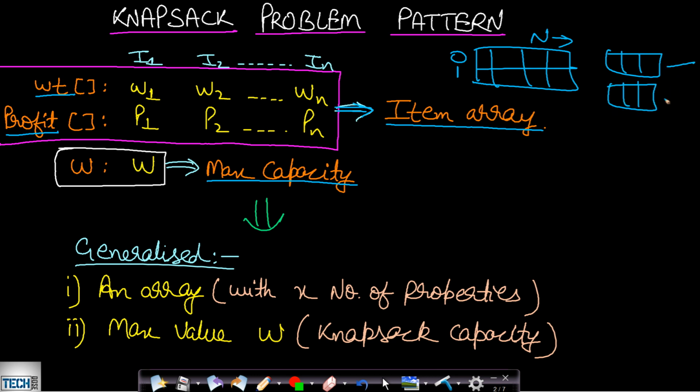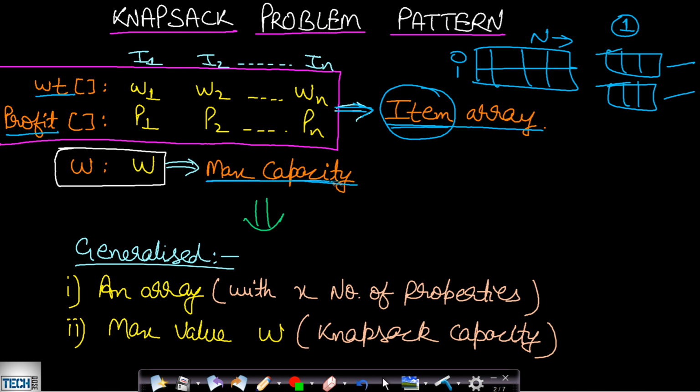The number of single dimensional arrays will basically depend on the number of properties your given item is having. If your item is having two properties, then it will be having two arrays, but it can also have a single array or more than two arrays. So this is the item array.